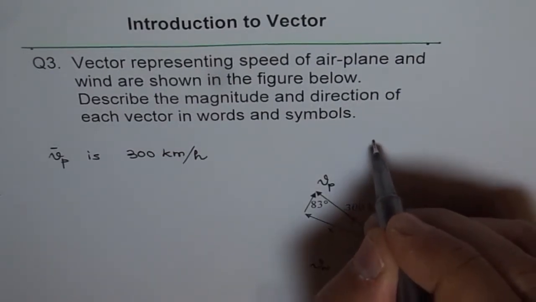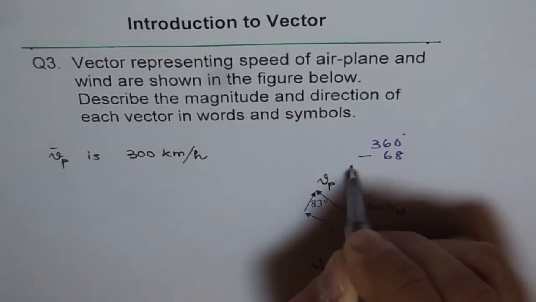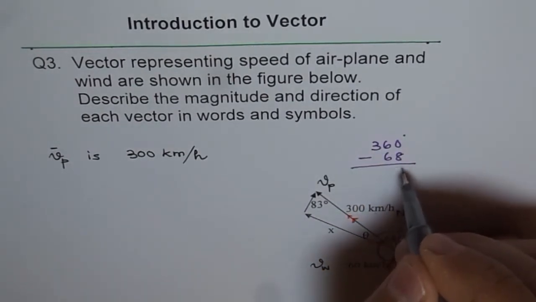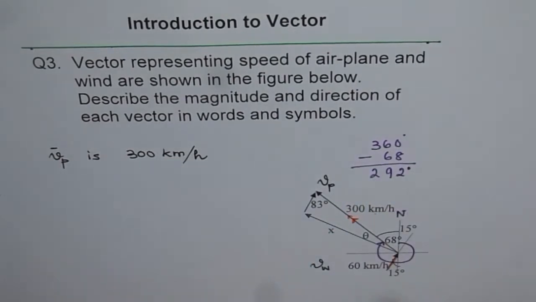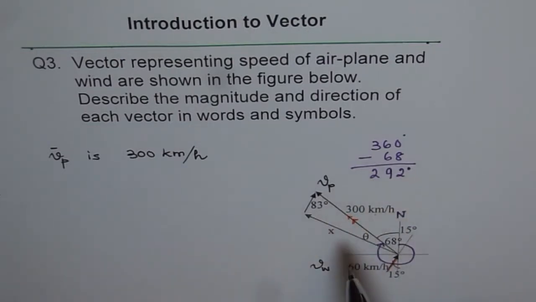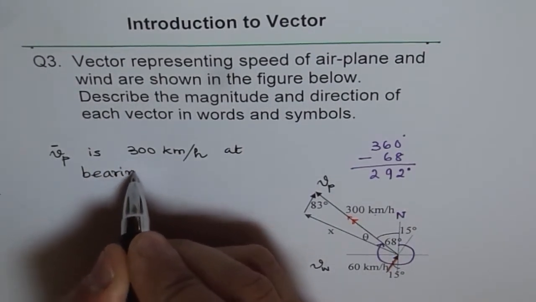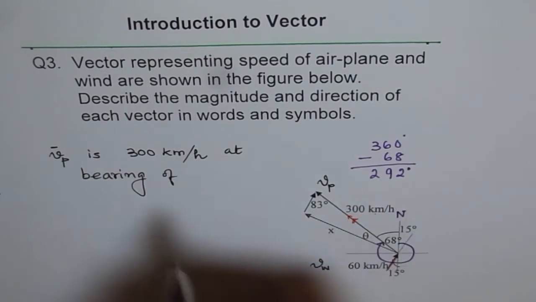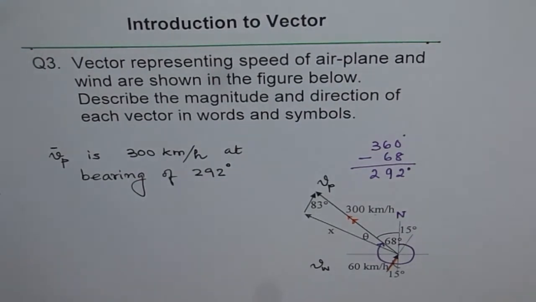So we calculate 360 degrees minus 68, and we get 292 degrees. That is the bearing angle. So VP is the velocity of the airplane, which is 300 kilometers per hour at a bearing of 292 degrees. That becomes the first vector.